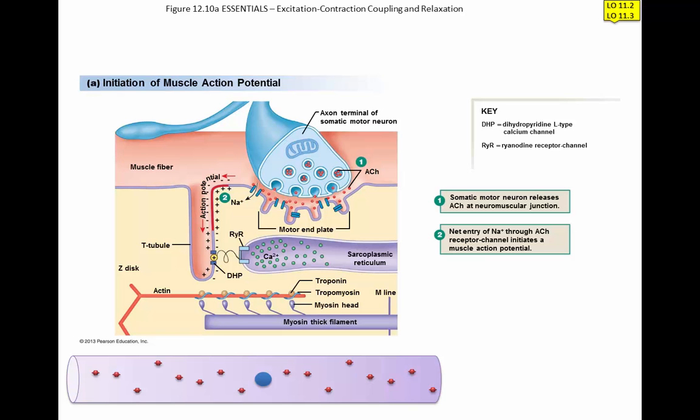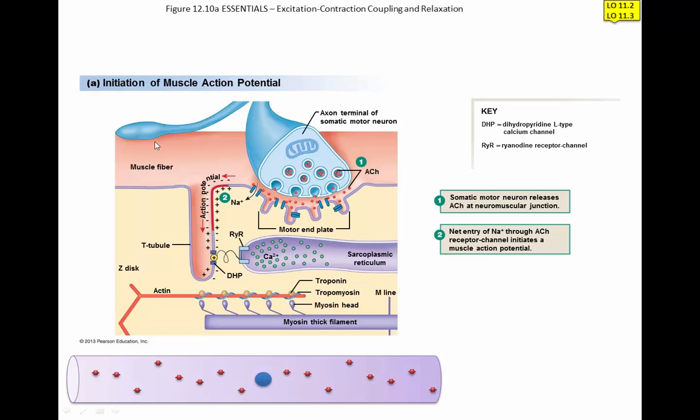It's a cation channel, and that just means that its opening allows the movement of positive ions down their concentration gradients. However, the net influx of sodium helps to depolarize this area and cause a graded potential, which then starts to spread from the center of the neuromuscular junction and out towards the surrounding area of the membrane, where it encounters voltage-gated sodium channels, and the opening of the voltage-gated sodium channels is what triggers a muscle cell action potential.